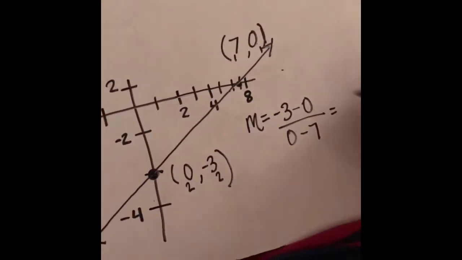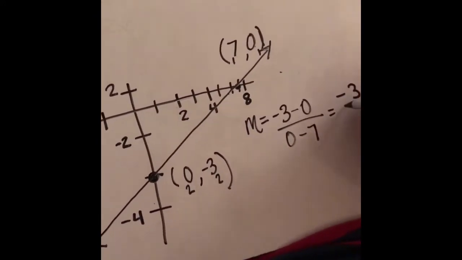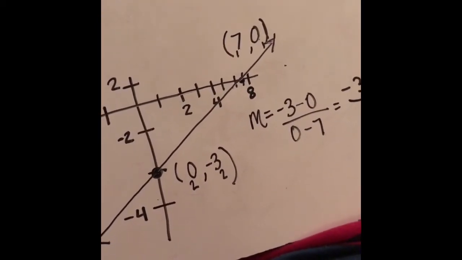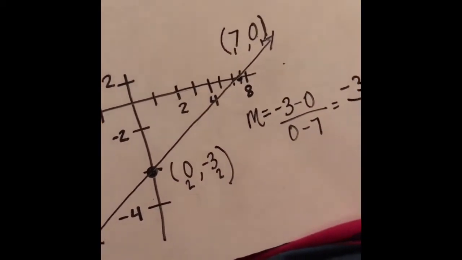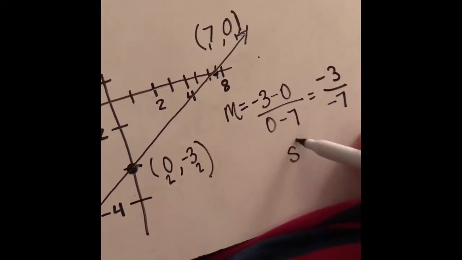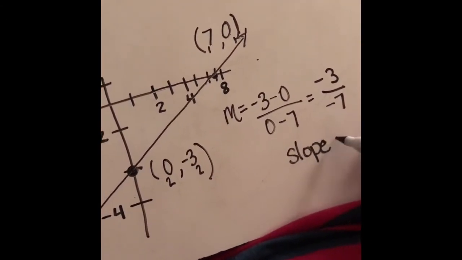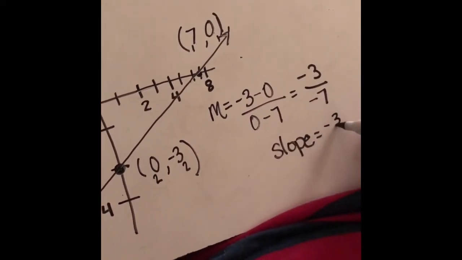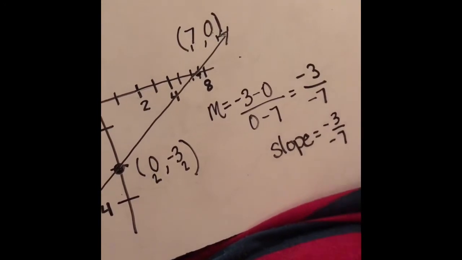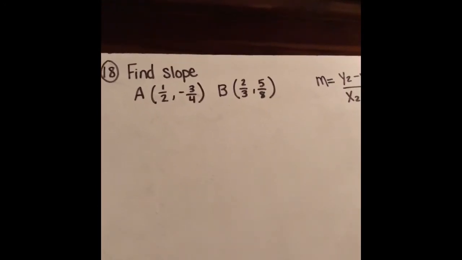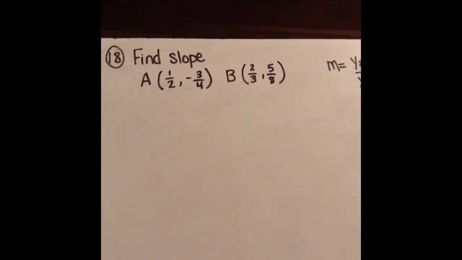Okay, negative 3. I should just go with my gut. Then you have 0 minus 7, and that's negative 7. So your slope is negative 3 over negative 7.